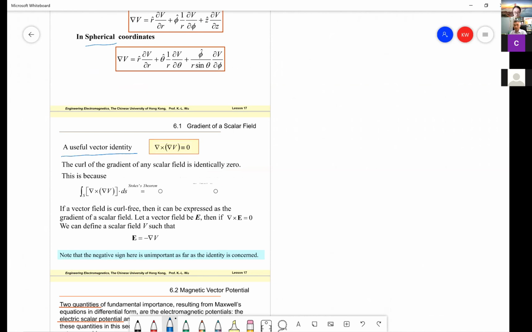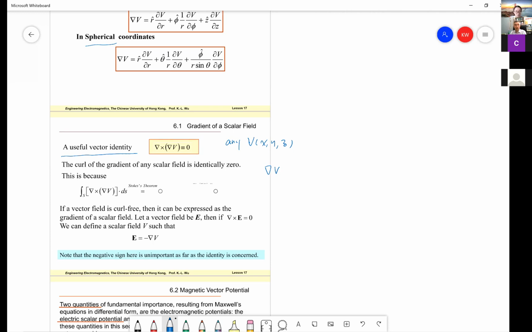For any scalar field V, which is a function of location, you have freedom to take the gradient.